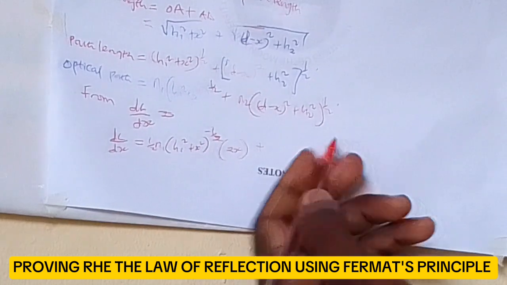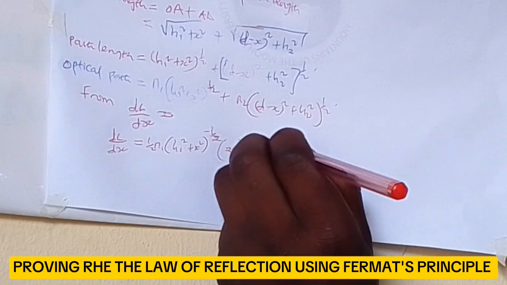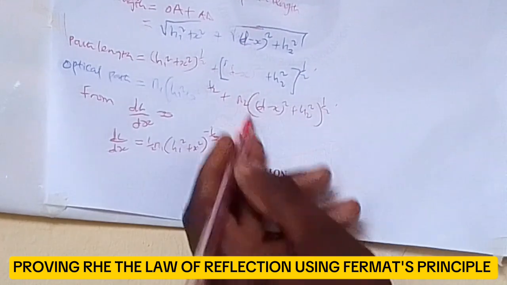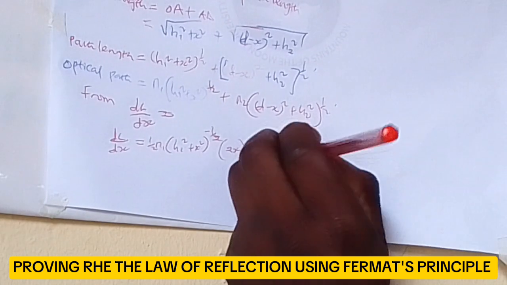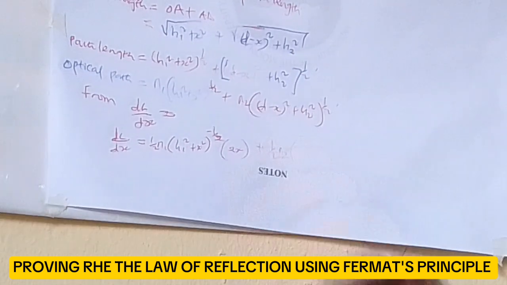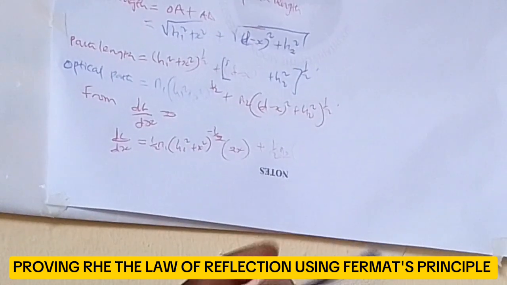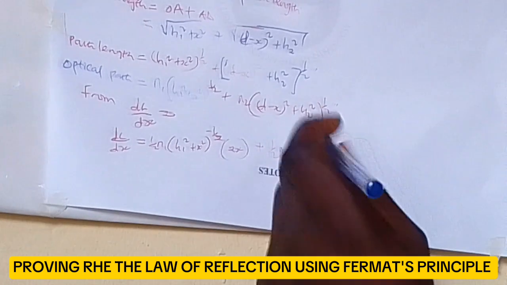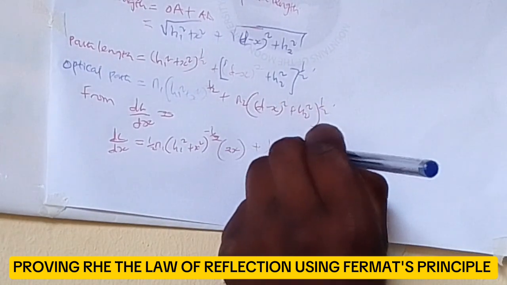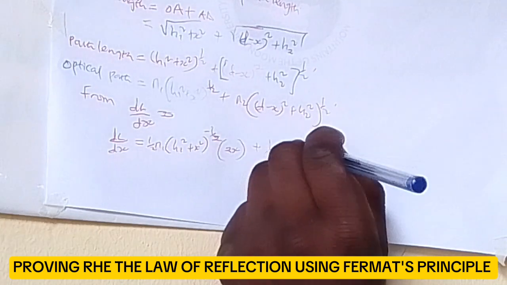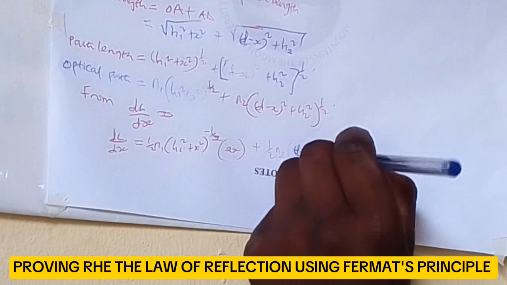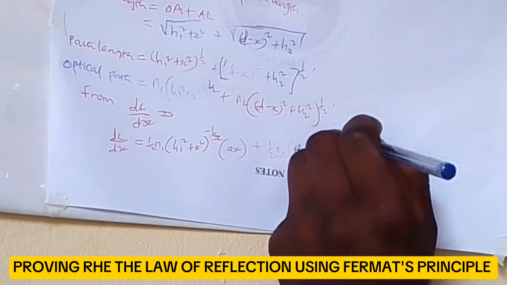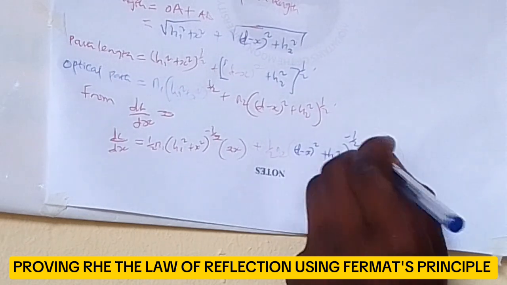Then plus, we come here, we are dropping the power first. So it will be a half n2 into, here we are maintaining what is inside and then reduce the power by 1. So it will be d minus x squared plus h2 squared. A half minus 1 is negative a half.